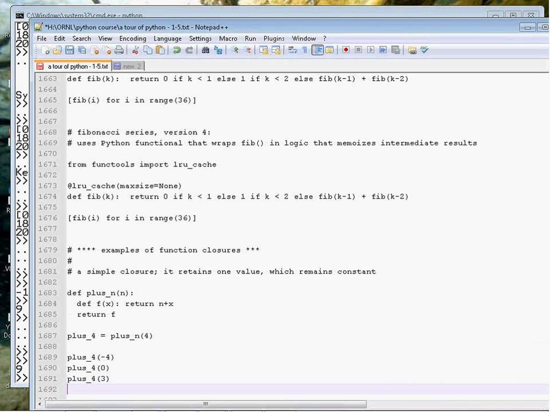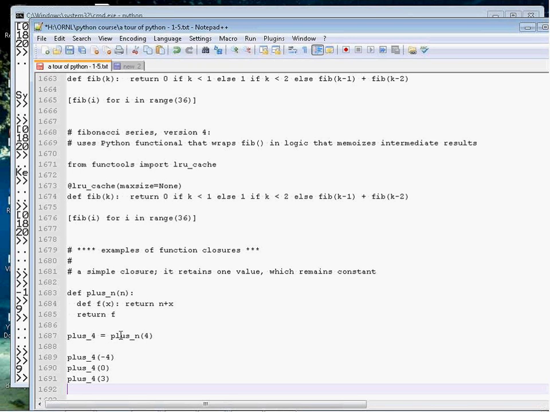Python's identifier syntax is different from XML identifier syntax. In XML, you can have hyphens as parts of identifier names, but in Python a hyphen cannot be part of an identifier name. So it's interpreting plus underscore -1 as a variable name, plus underscore, not defined.